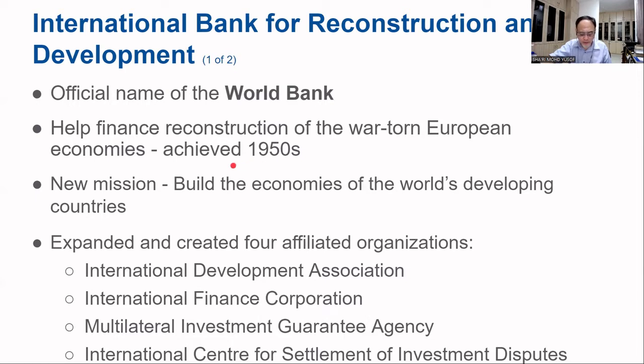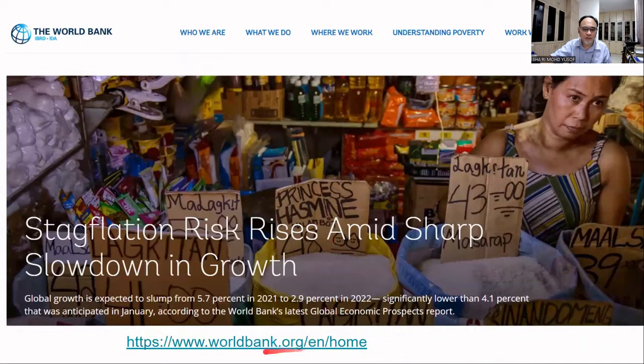The World Bank created 22 billion in new loan commitments in 2017. They expanded into 4 affiliated organizations: International Development Association, International Finance Corporation, Multilateral Investment Guarantee Agency, and International Center for Settlement of Investment Disputes. You can go to the website and see them.